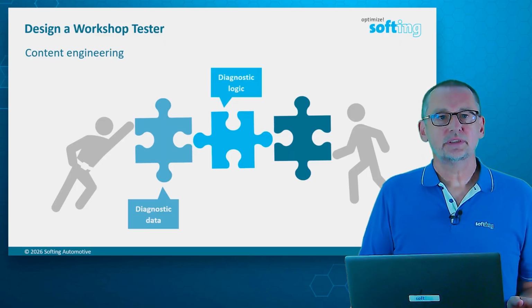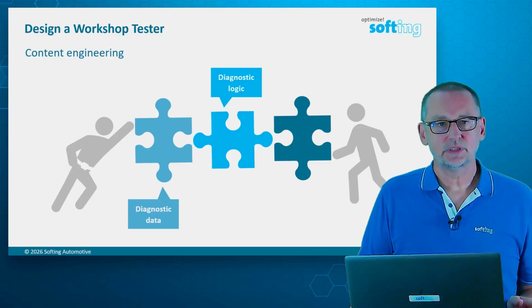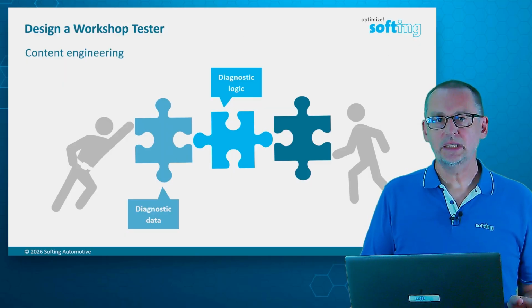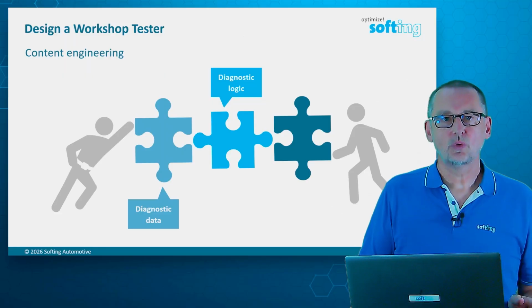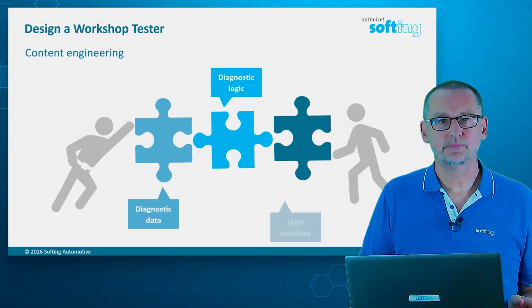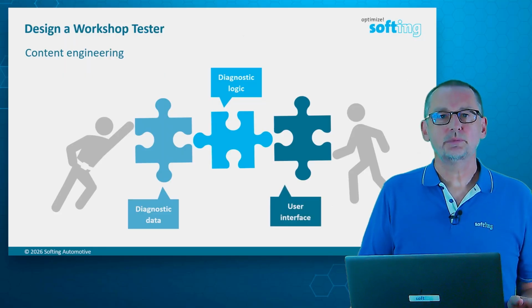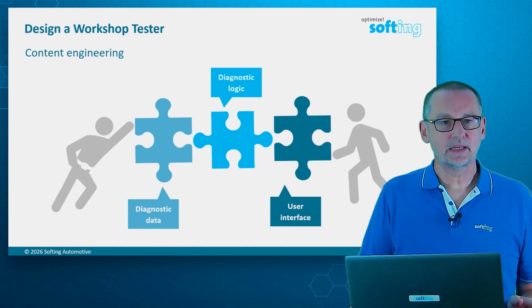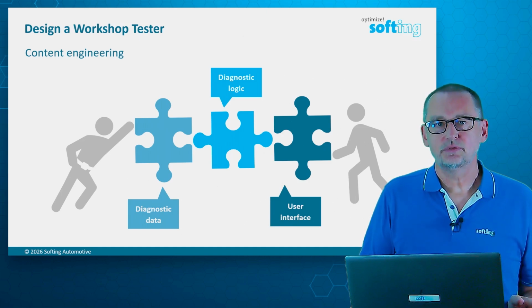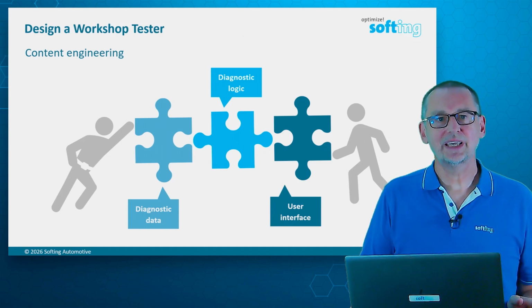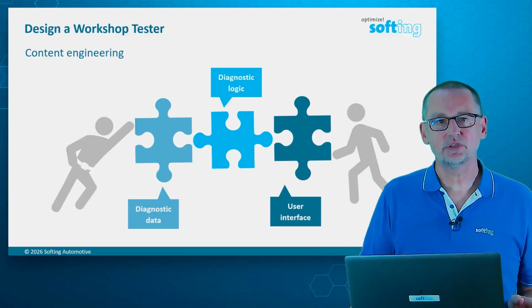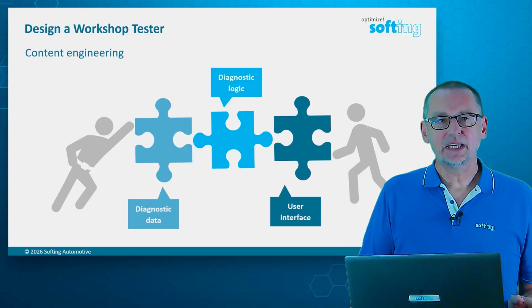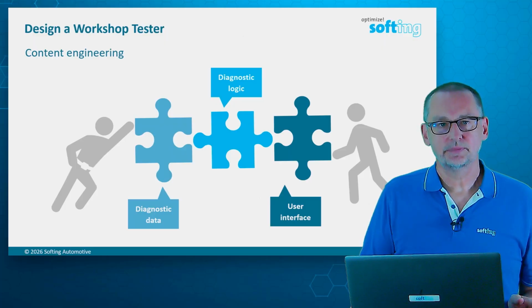It determines which steps are executed, which decisions are made, and how the tester reacts to measurement results or fault conditions. The user interface makes this process understandable and accessible for the technician. Together, these elements transform technical information into a reliable, guided workshop process.